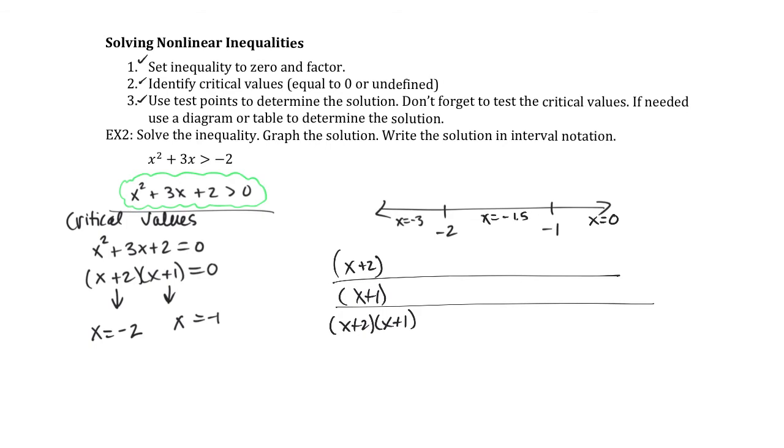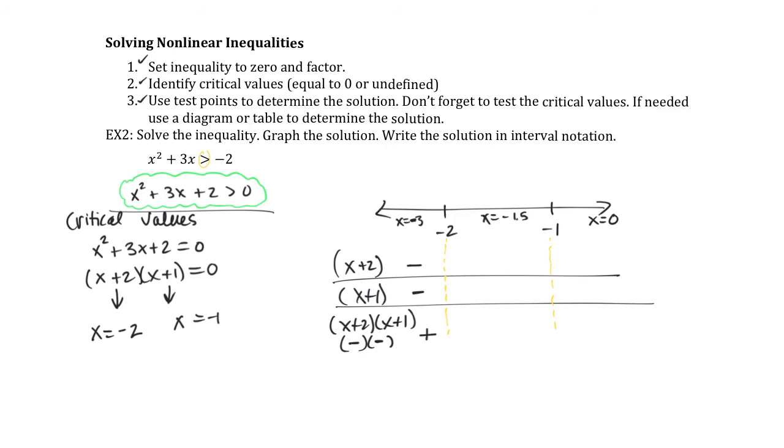Because this is greater than, it can't actually equal 0, so those are not going to be part of the solution. Looking at -3: -3 plus 2 is negative, and -3 plus 1 is negative. A negative times a negative would be positive in that section of the graph.